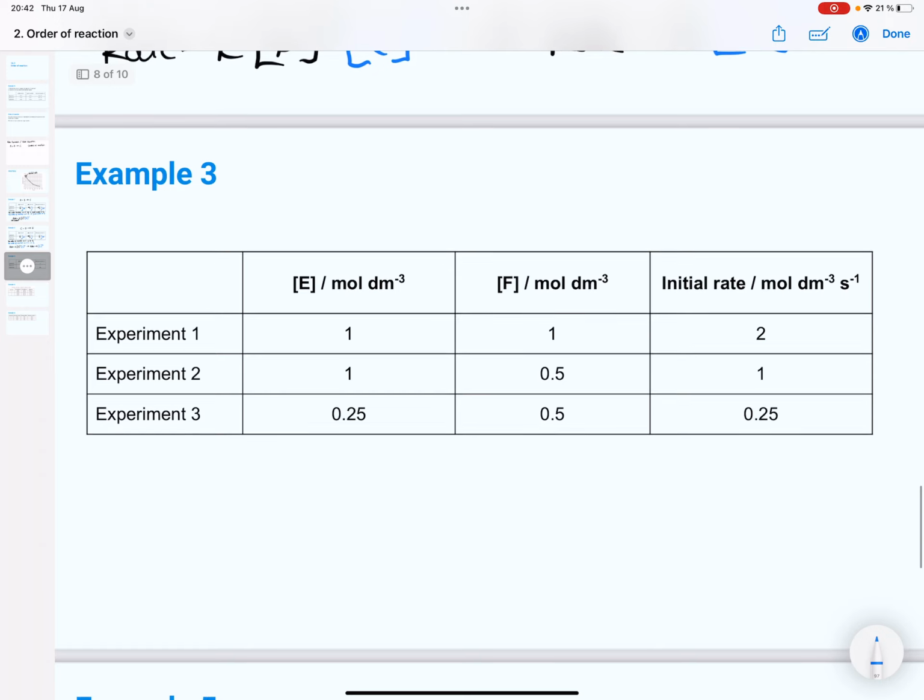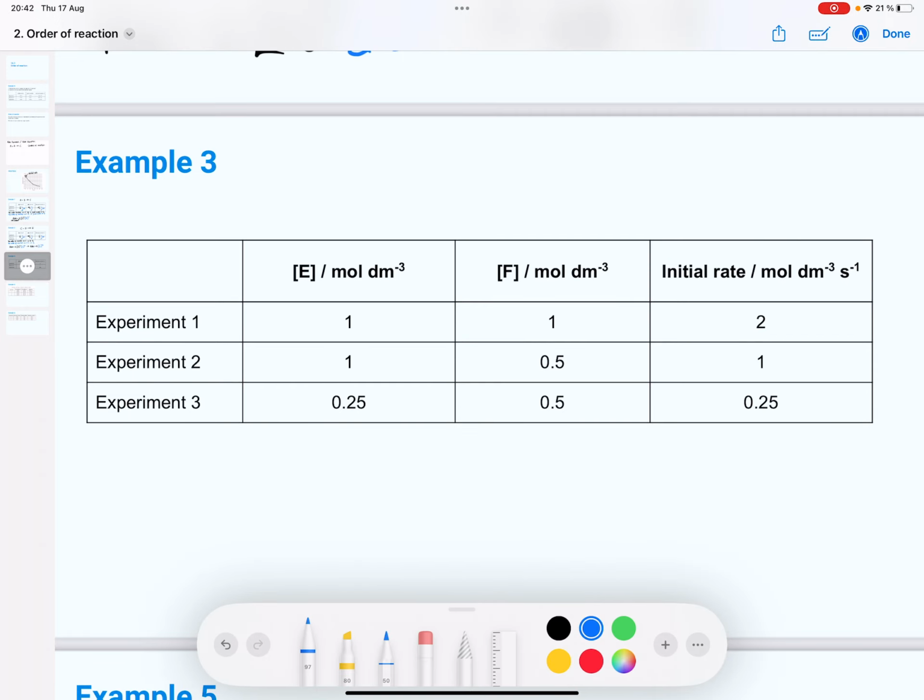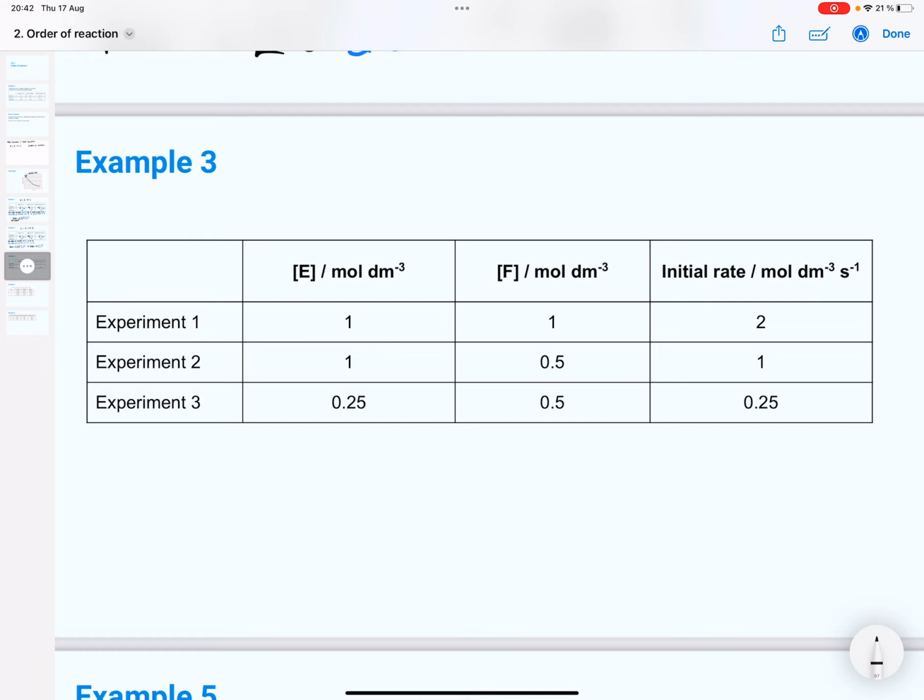Okay, final example. There'll be some questions for you to answer in this one. We've got E reacting with F to form, let's say, G. This time, let's look at experiment 1 to 2. We can see that there is no change in E. But in experiment 2, the concentration of F is halved, and if you look at the initial rate, the rate of reaction there is halved.